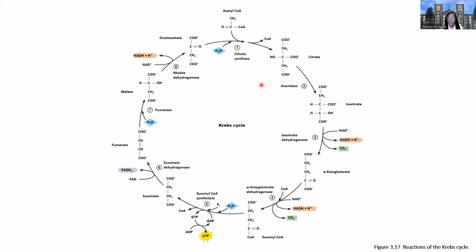Again, here's another closer look at the individual steps of the Krebs cycle, which I don't need you to memorize necessarily, but just have a gist of the major substrates, major products, which in this case happen to be acetyl-CoA.